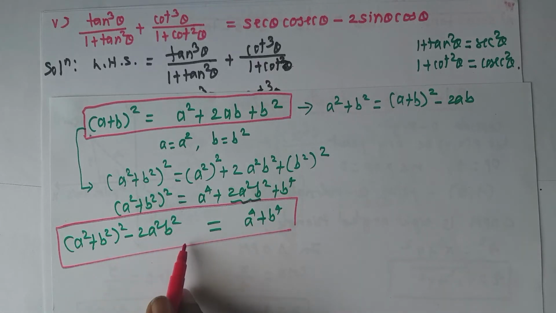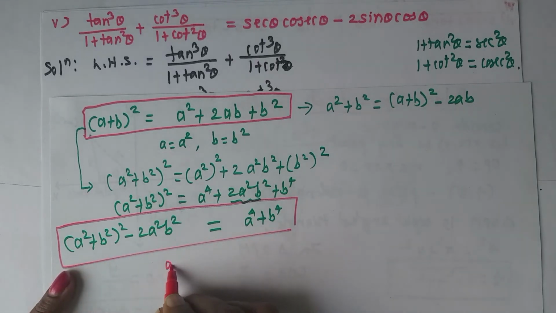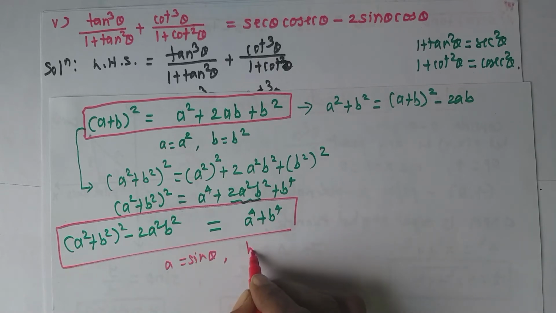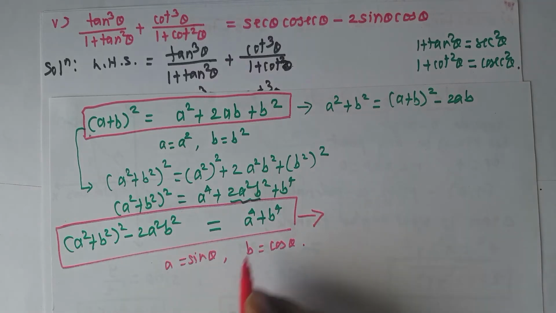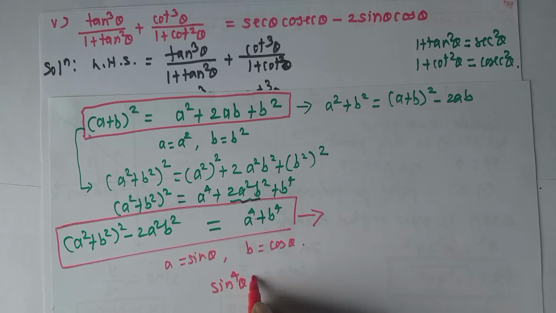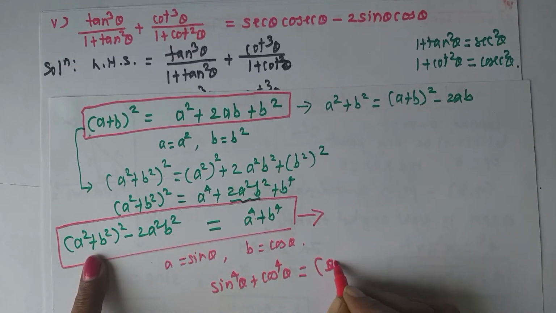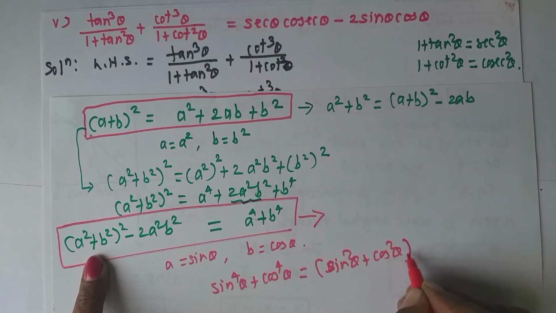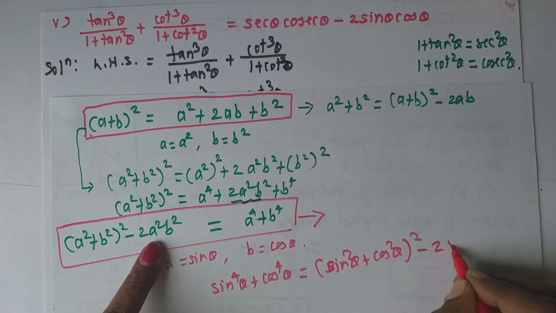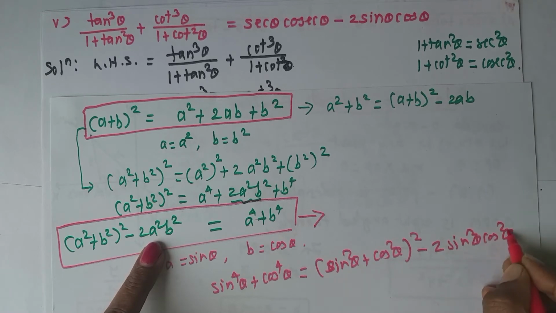Now in this equation, if I keep the value of a as sine theta and value of b as cos theta, then what happens? How does this equation transfer? This equation becomes, see here, sine 4 theta plus cos 4 theta is equal to, here, sine square theta plus cos square theta bracket square minus 2 sine square theta cos square theta.